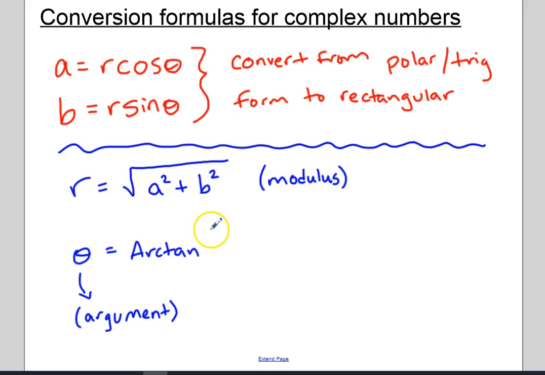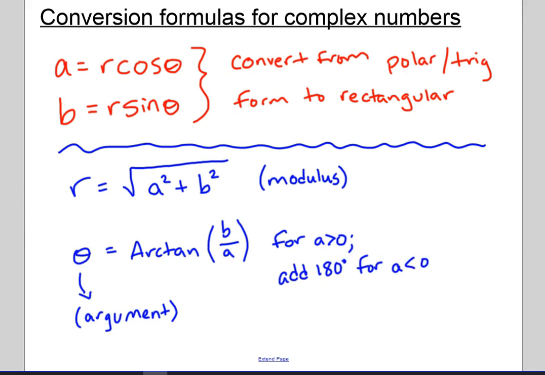The opposite over the adjacent, but now the y is b and the x is a. And again, this is for a greater than 0. But if you have an a value that is negative, add 180 degrees.